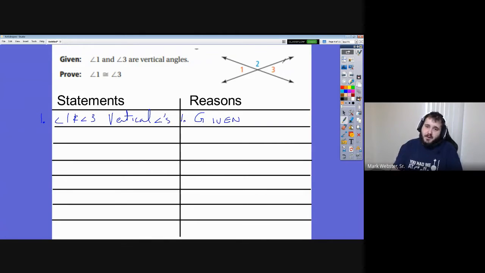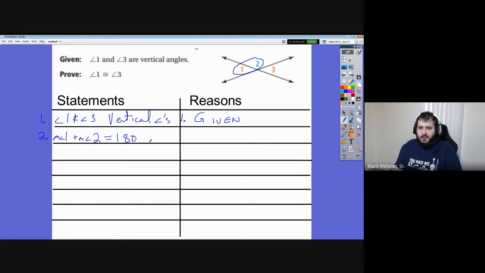Now, if you look up here, what do you notice about angle 1 and angle 2? Don't they add up to 180? Right? You see they make a straight line together? I can say the measure of angle 1 plus the measure of angle 2 equals 180.